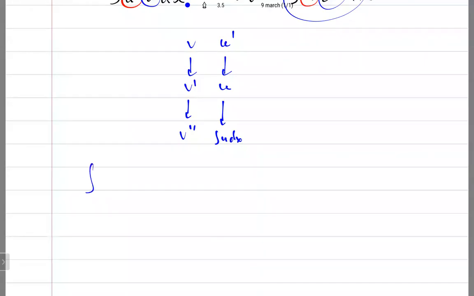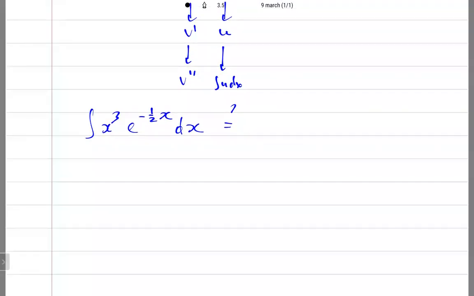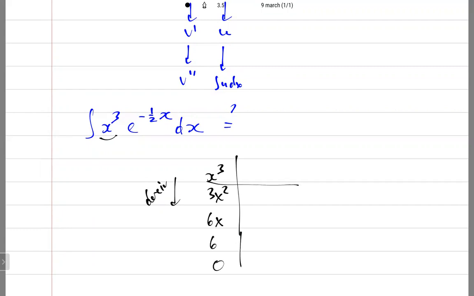So let's, for example, find an integral of x cubed times exponent of minus 1/2 x dx. To calculate it faster, I build a table. I take x cubed, and I calculate the derivative: 3x squared, then 6x, then 6, then 0.